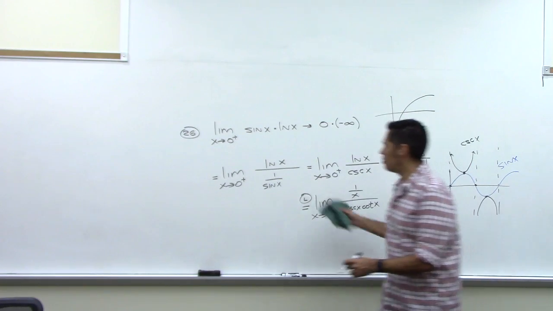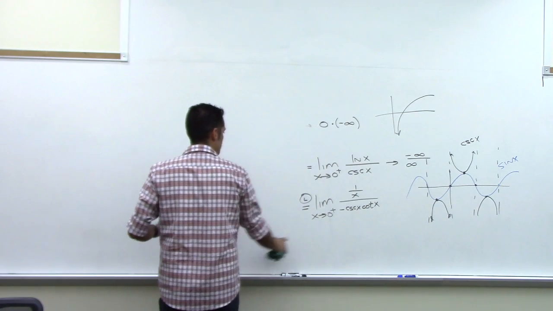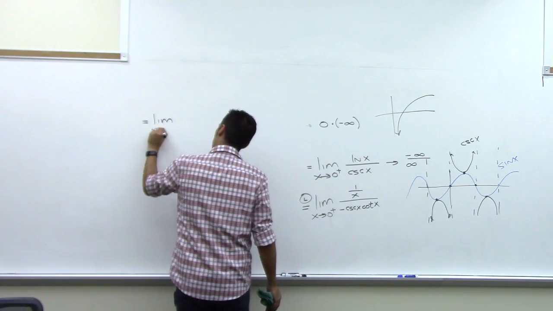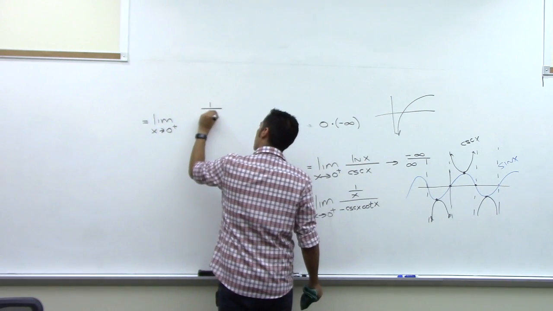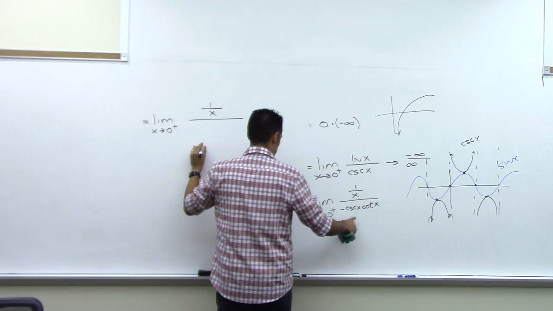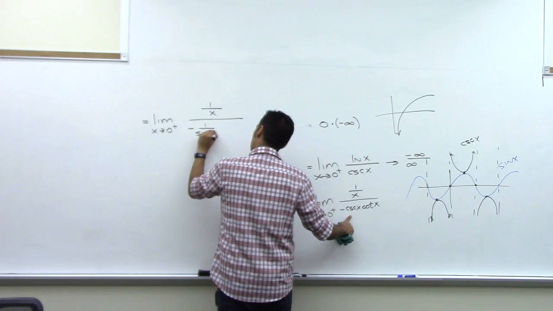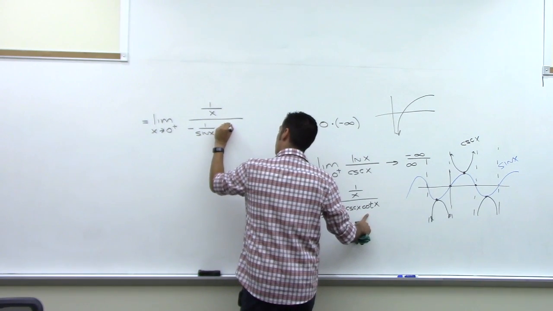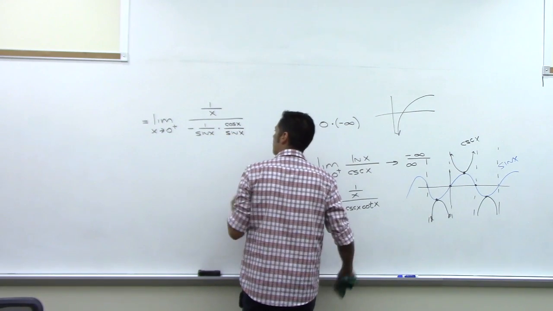Whoa. Okay, so let me try something before I go on. Let me rewrite this. I have the limit as x goes to 0 from the right of 1 over x over negative, okay, cosecant is 1 over sine x times cotangent, which is cosine x over sine x.